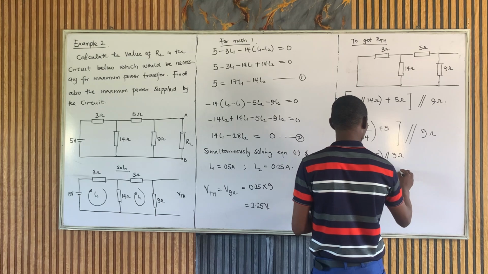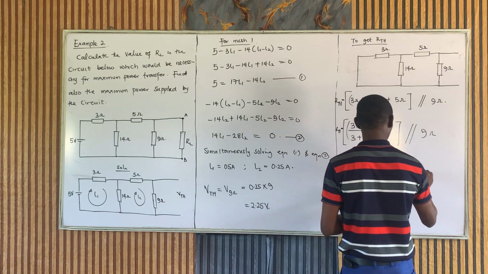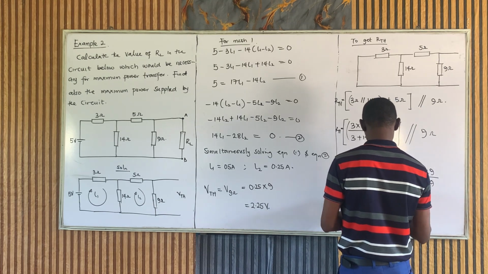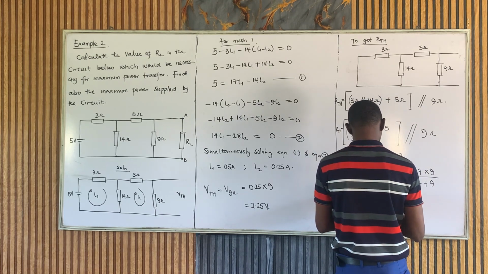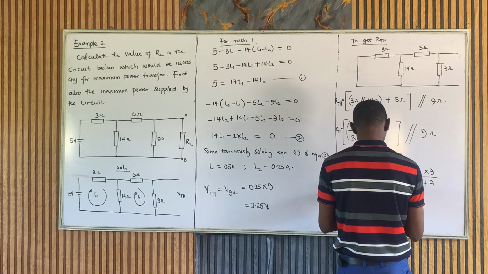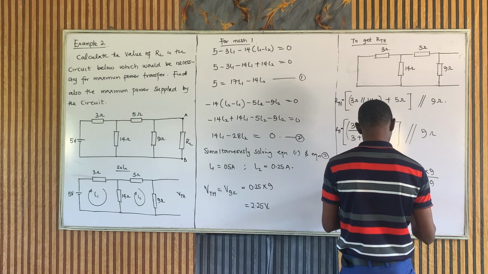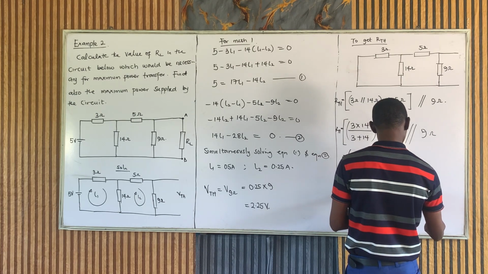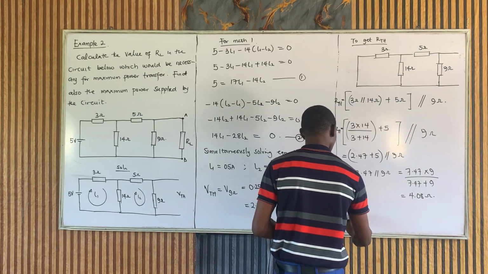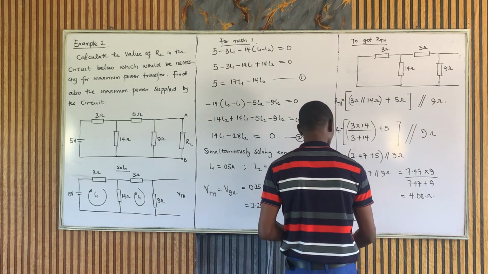That will give us 7.47 times 9 over 7.47 plus 9, 4.08 ohms.